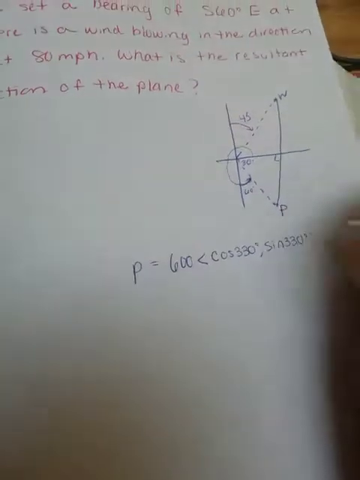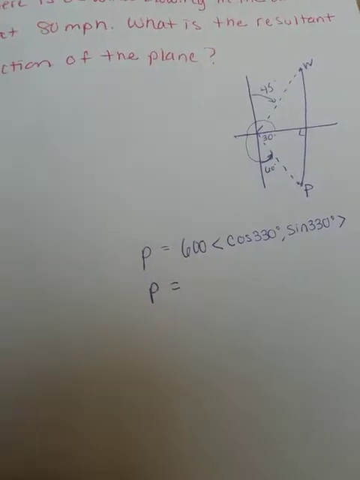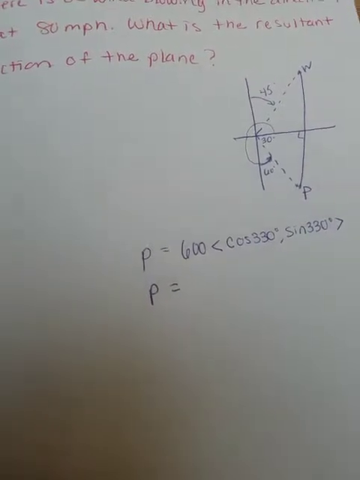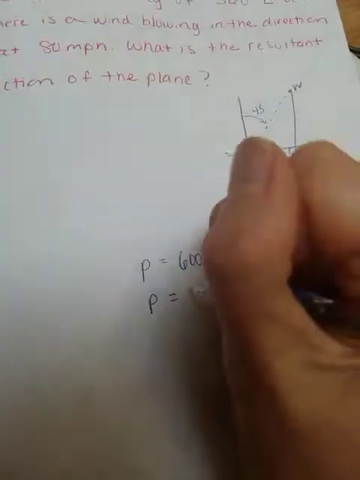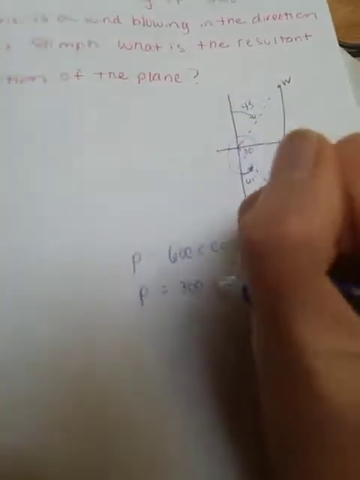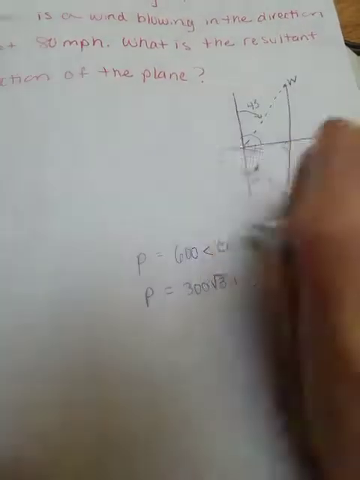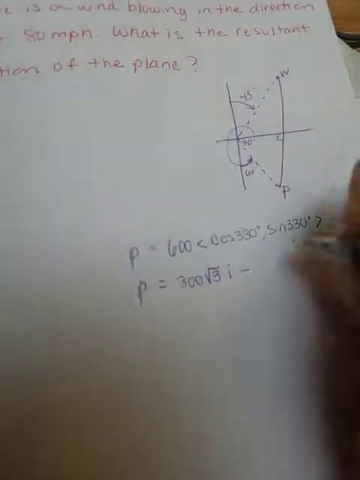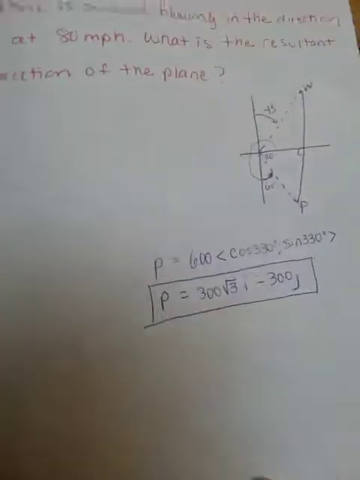We want to simplify that for vector P for your plane. I might just pull i and j into this. If I multiply the cosine of 330 degrees by 600, that gives you 300 root 3 i. And then 600 times the sine of 330 gives you minus 300 j. So that's the information I need after simplifying.